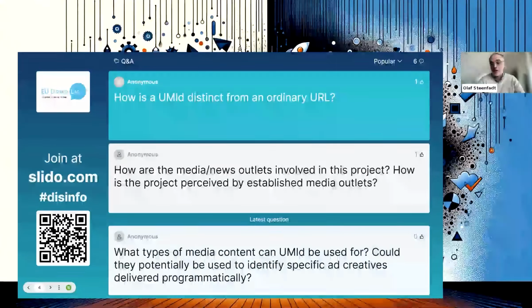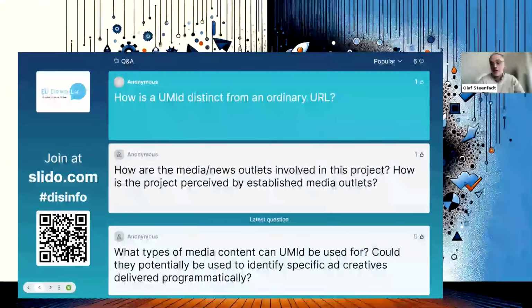And in this set of definitions, at least where it stands right now, we talk with the unique media identifier and target the level of the media outlet, which for us is an editorial entity, a newsroom, or it could be one person in an extreme sense, but it doesn't have to be a legal entity. As we know, many newsrooms or media outlets or brands don't have a legal personality because that's one level up.